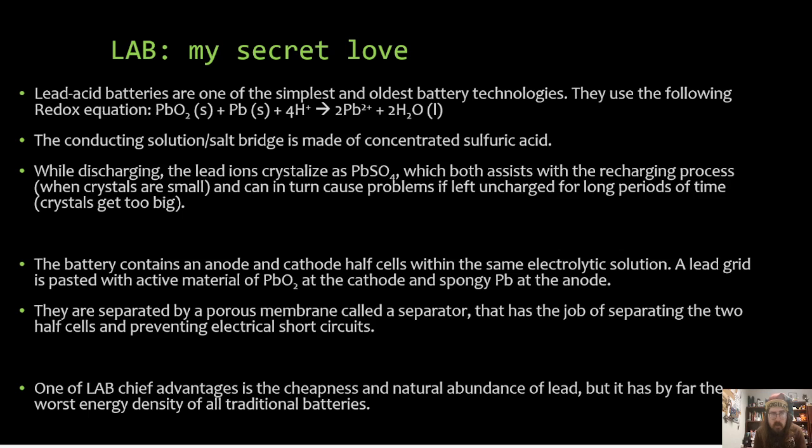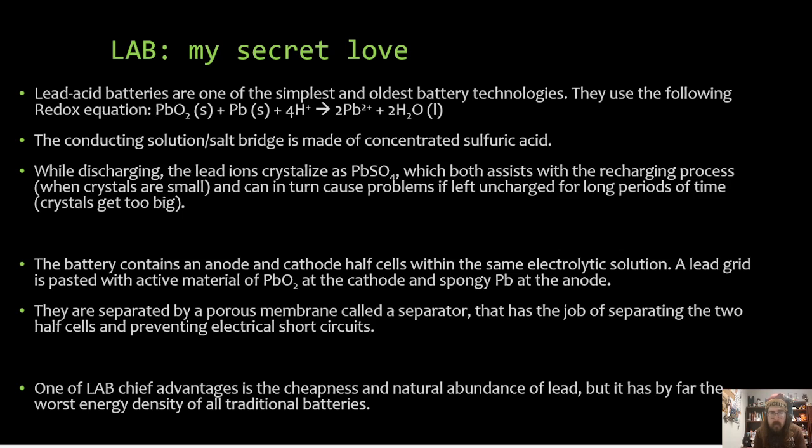Basically, the crystals can turn from small crystals into big crystals, and the bigger they are, the harder it is to recharge them and to convert them back into their normal states. And so that's part of why when you let your battery die, it can be bad for the battery's health.